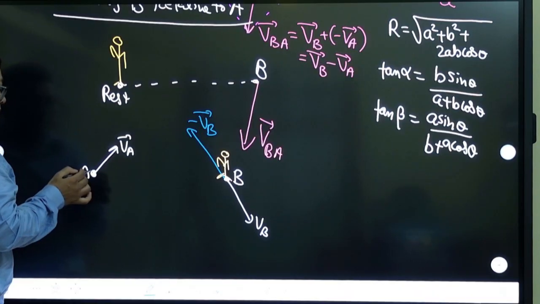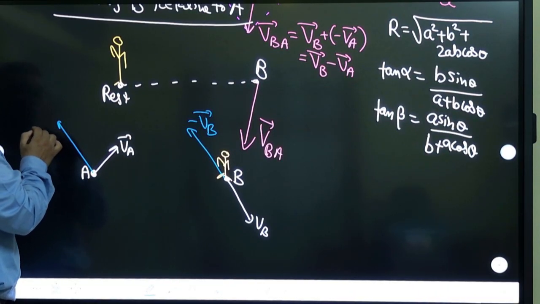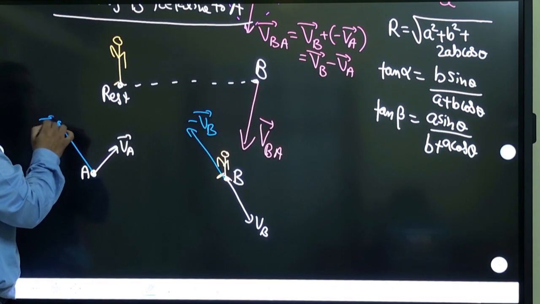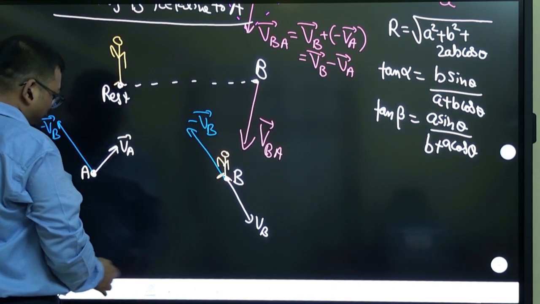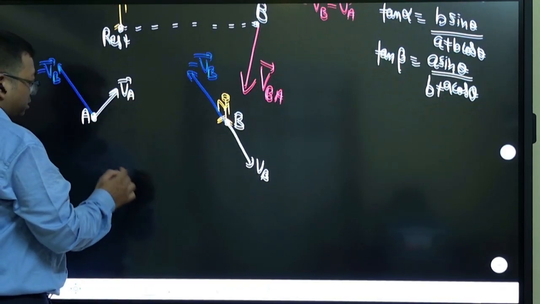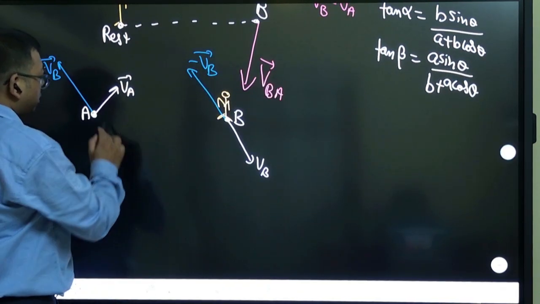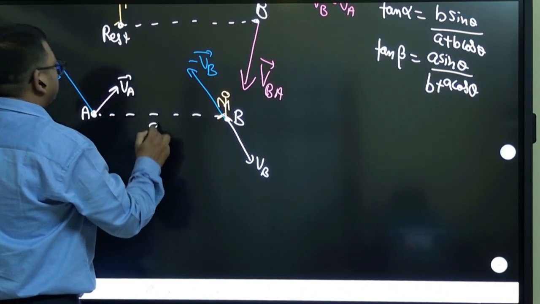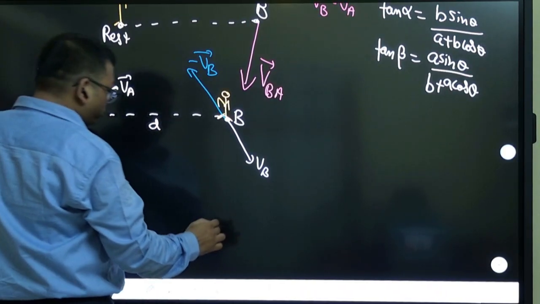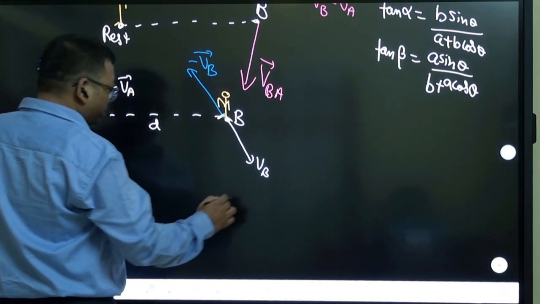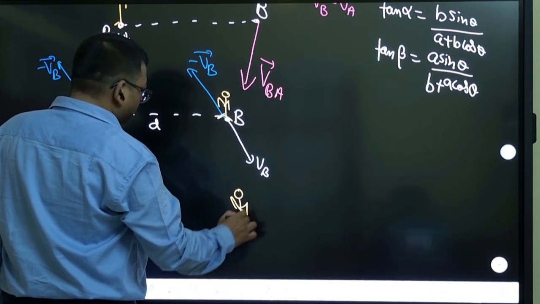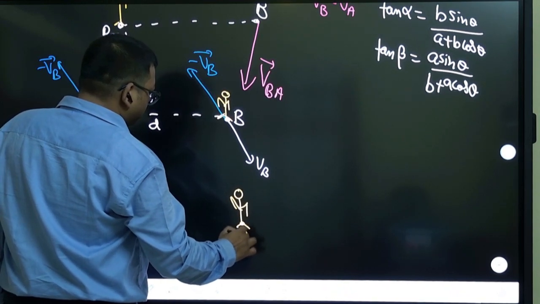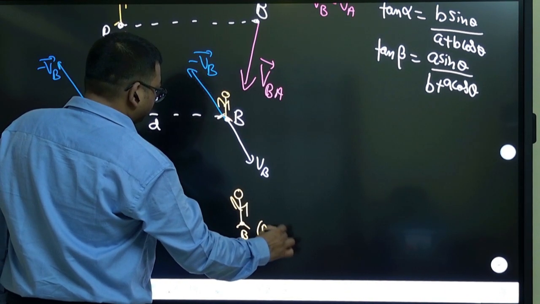He will add it to this also, minus VB. This distance is of course D. So he will not see B moving. B will not be moving according to this observer. B is going to be at rest.